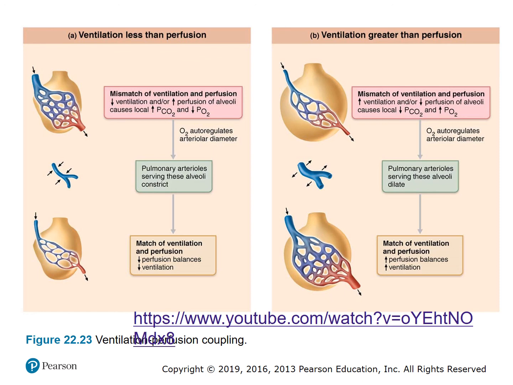There's this autoregulatory mechanism where, with oxygen, the arterioles will dilate, will increase in diameter. As a result, there's going to be an increase in perfusion, which balances that increase in ventilation.